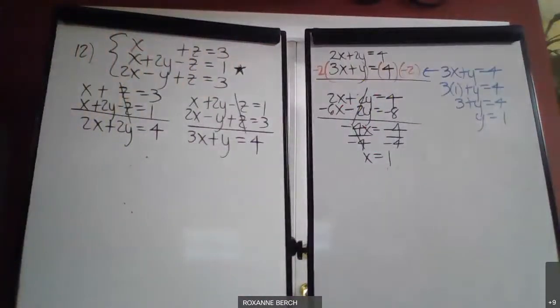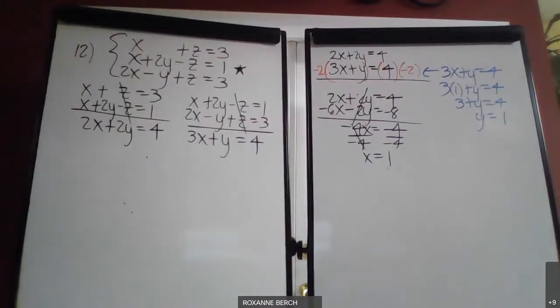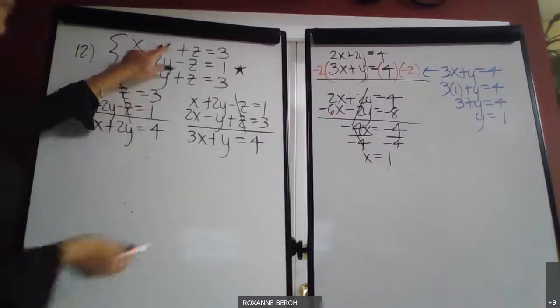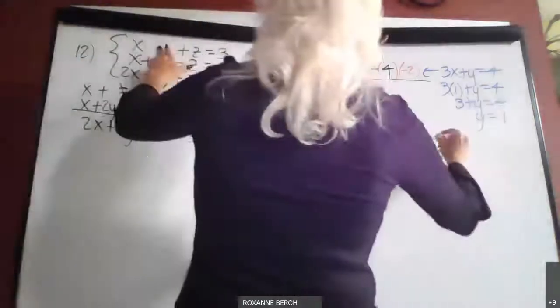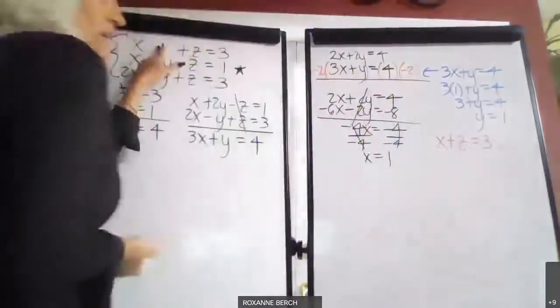And now, to find the third one, you're going to plug into one of these. Well, I don't know about you, but I like the top one. So the top one is x plus z equals 3.